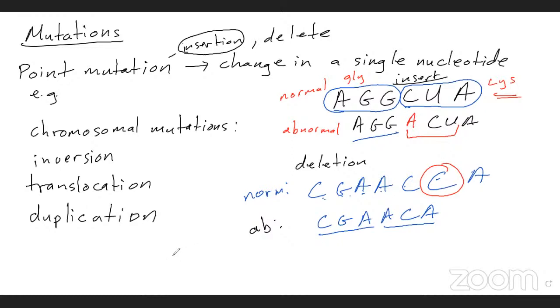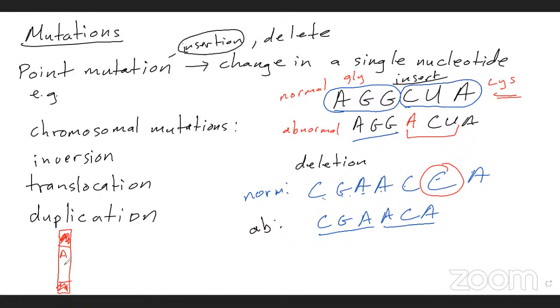With inversion, this is on the chromosome now. So let's say I have 2 chromosomes. So there's a portion of a chromosome, and next portion is here.